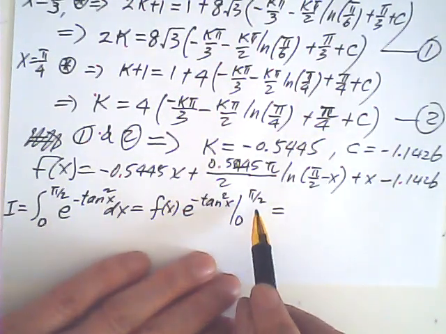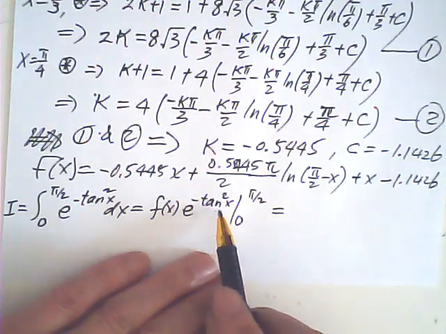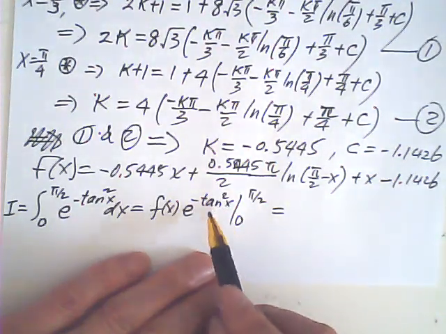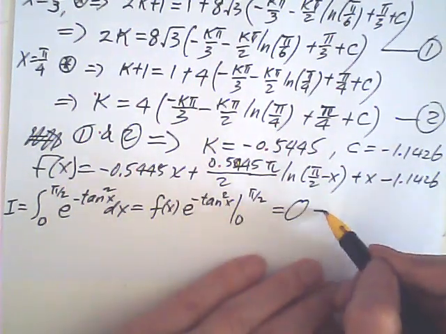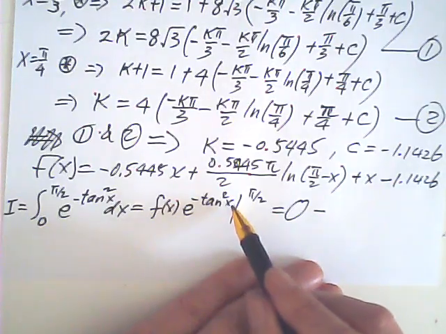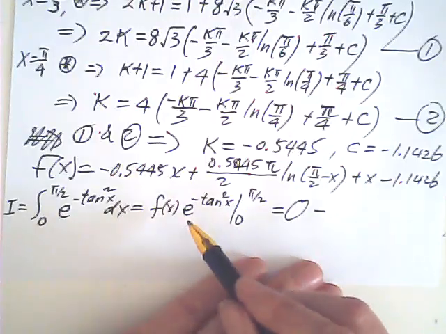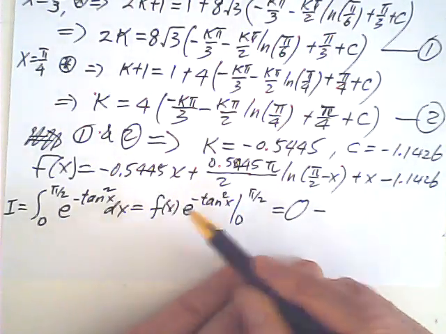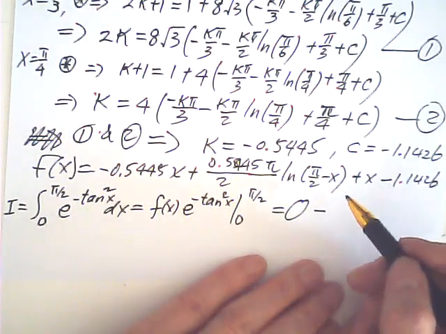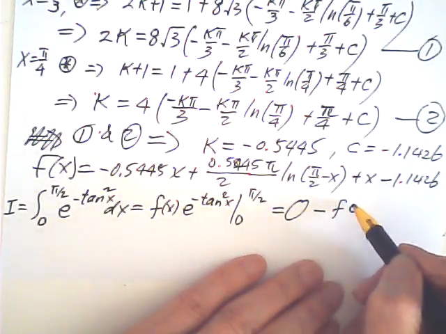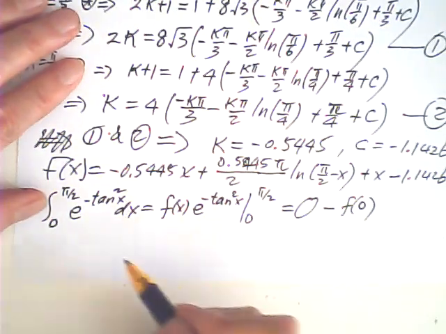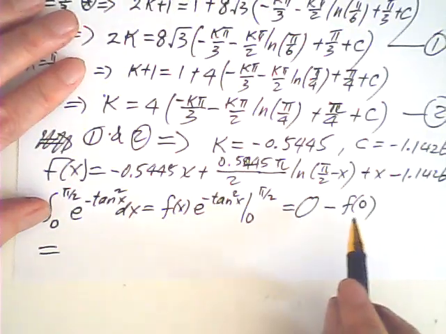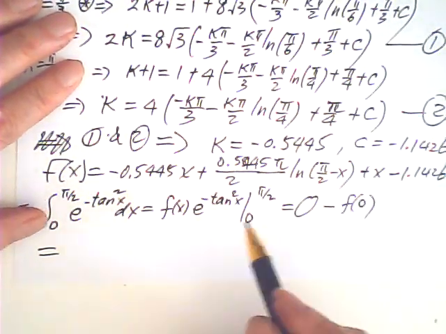And tangent half pi is infinity, so this is equal to 0. Minus, when x equal to 0, tangent is equal to 0. So it equals 1, and the 1 times f of 0. So we just put x equal to 0 there.